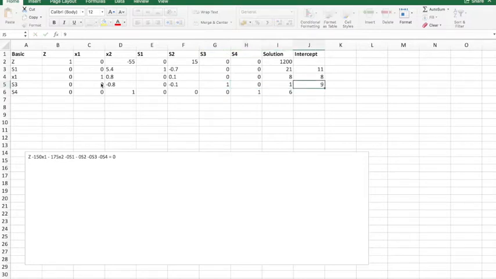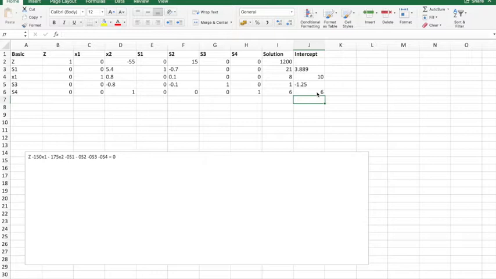Solution becomes 1. And our intercept becomes minus 1.25. I should include the intercept for the others. So this is 10, and this is 3.89. And this can stay the same. Okay, I'm just going to leave the intercept here as 6.